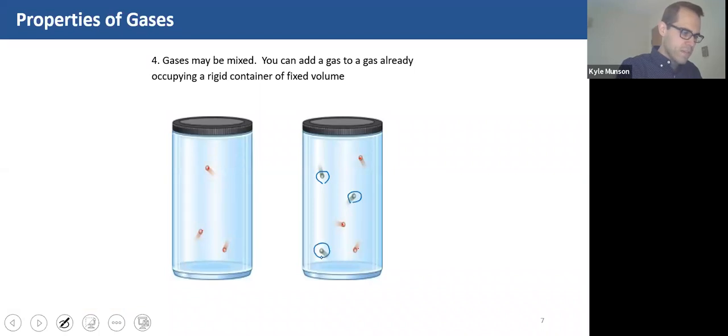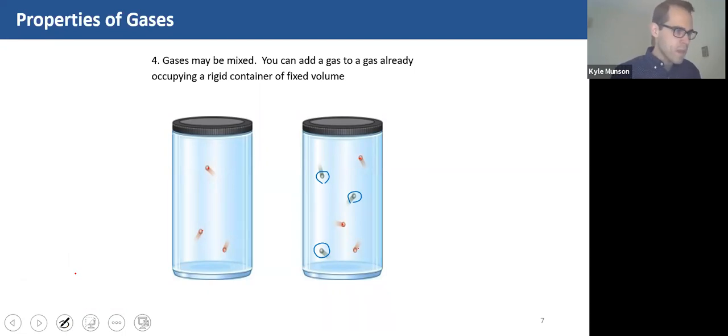So they're different types of gases. You can mix them in a container of a fixed volume, okay? It doesn't really change anything. And we'll talk about that a little bit more as we go through the properties of gases and the ideal gas model. But for this, the property of gas is that they may be mixed.